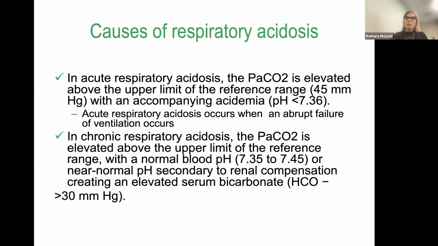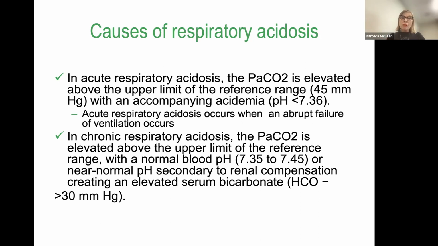In chronic respiratory acidosis, the CO2 level is elevated, but there's been time for the kidney to conjugate that CO2 into bicarbonate by marrying the carbon dioxide to another oxygen and a hydrogen, which then makes it into bicarb. So what that means is if I have chronic respiratory acidosis with a high PaCO2, I can only have an in-range, not perfect, in-range pH if I have appropriate kidney function.